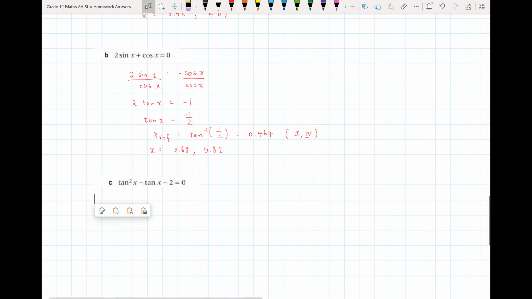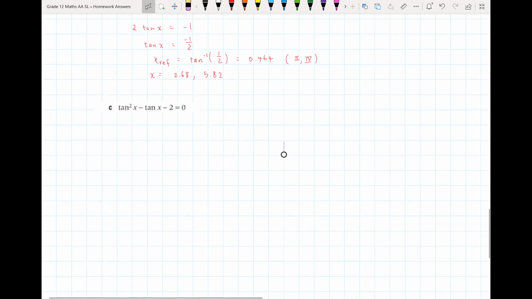So here is C. Immediately, this is already in quadratic form, so we can factor the trinomial as follows. We can have a -2 and a +1. So let's break each case down to their individual roots.